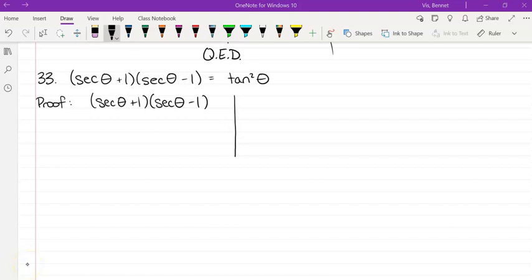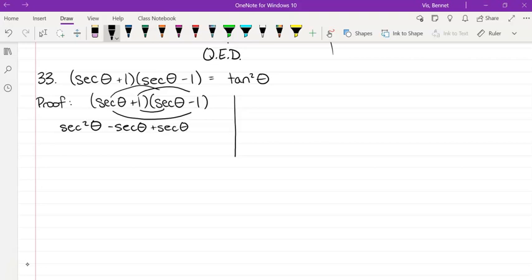Alright, problem 33 in the textbook. I'm trying to prove secant theta plus 1 times secant theta minus 1 is tangent squared theta. I start with the left side, and I'm going to distribute this across, FOIL it, and secant times secant is secant squared minus secant plus secant.